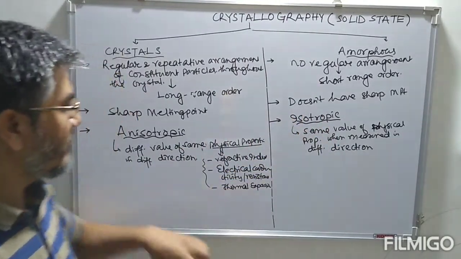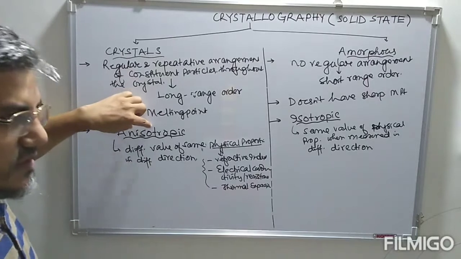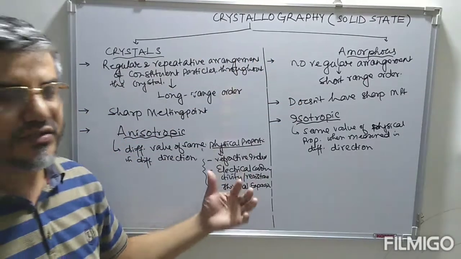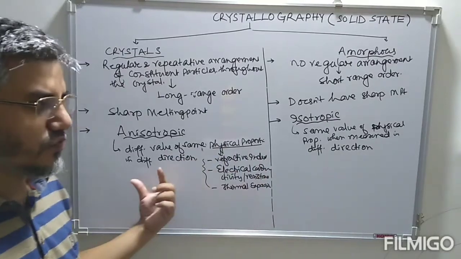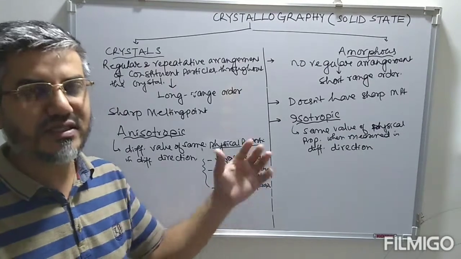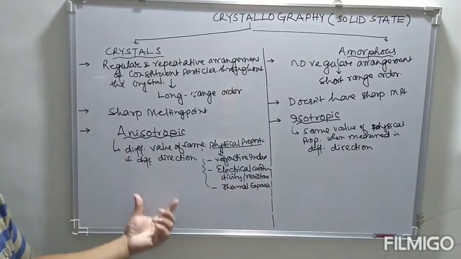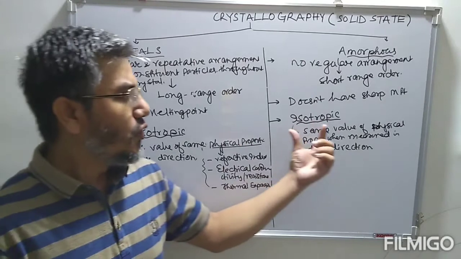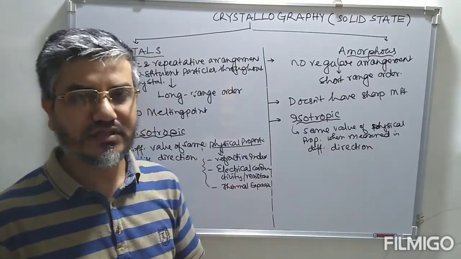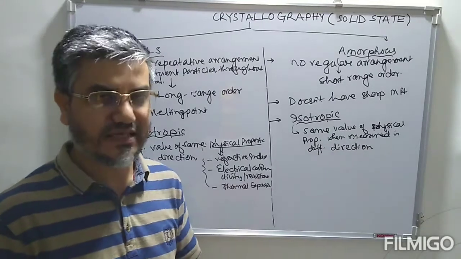So again I am repeating, anisotropic means the same physical property when measured in different directions shows different values due to difference in arrangement of the constituent particles in different directions. That is anisotropic. When the same physical property is measured in different directions, the values are found to be the same.